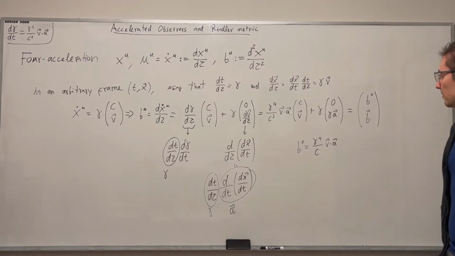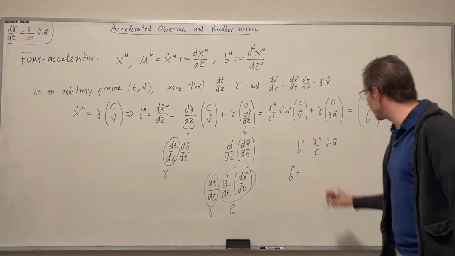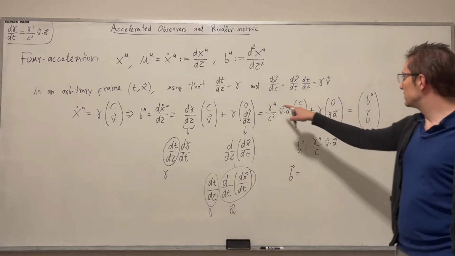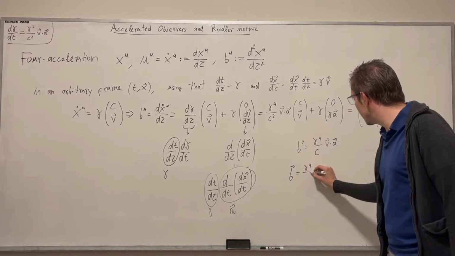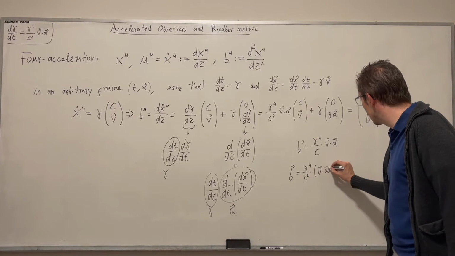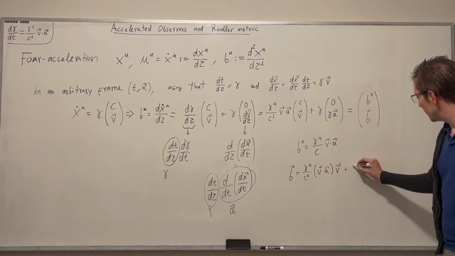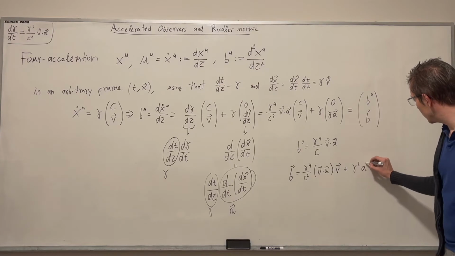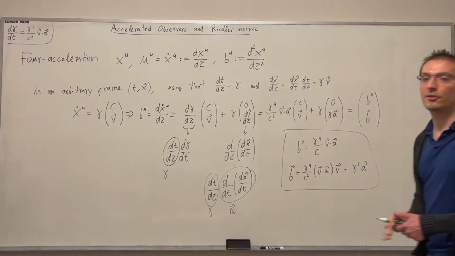And now the vector b, the spatial part of the four-acceleration, is going to be, from the first term, γ to the 4 divided by c squared, v dot a, multiplying v, plus a factor γ squared times the acceleration. All right, so these are the components of the four-acceleration.